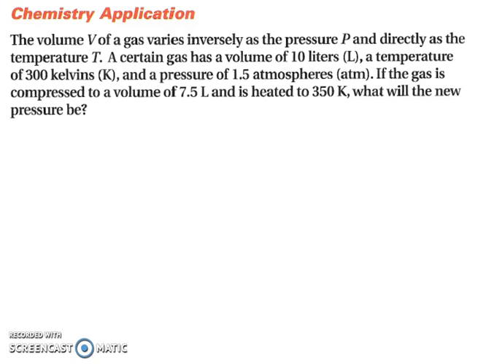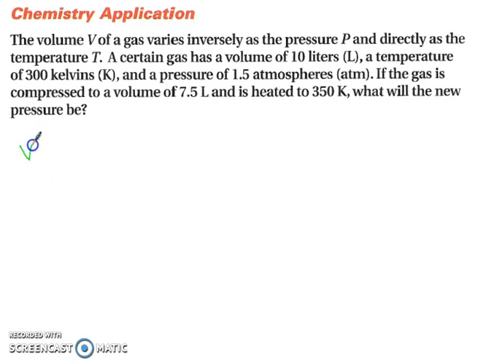Okay, so the volume, V, of a gas varies inversely as the pressure P and directly as the temperature T. A certain gas has a volume of 10 liters, a temperature of 300 degrees Kelvin, and a pressure of 1.5 atmospheres. If the gas is compressed to a volume of 7.5 liters and is heated to 350 degrees Kelvin, what will the new pressure be?